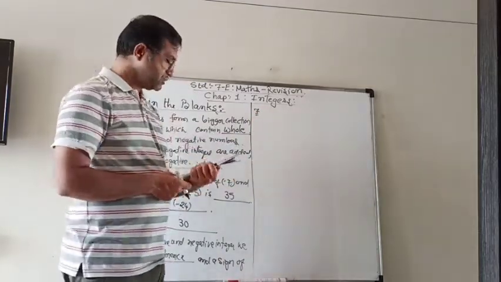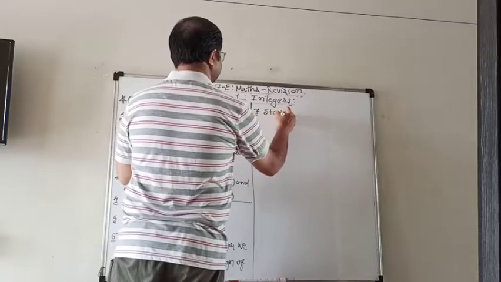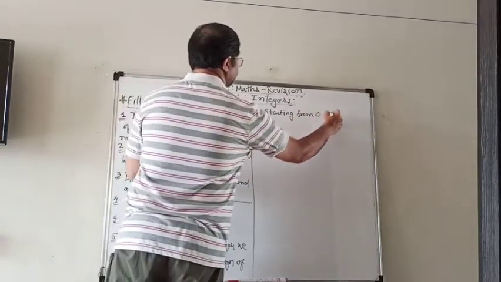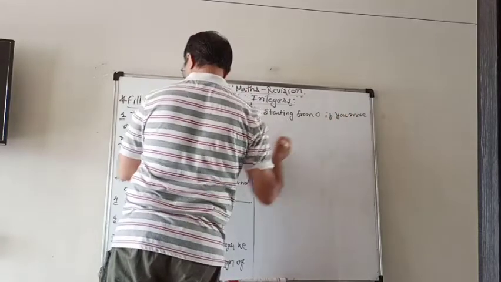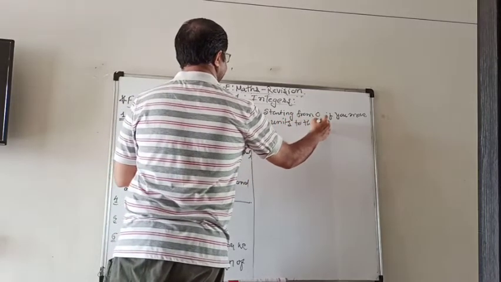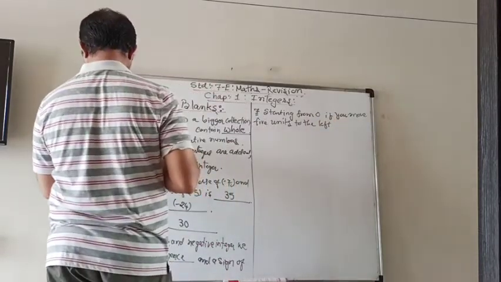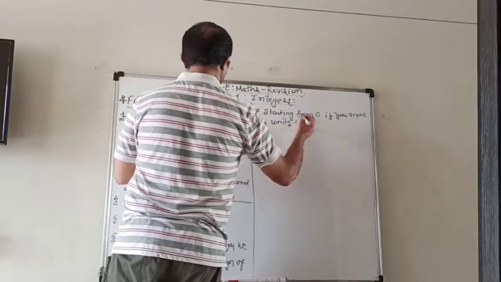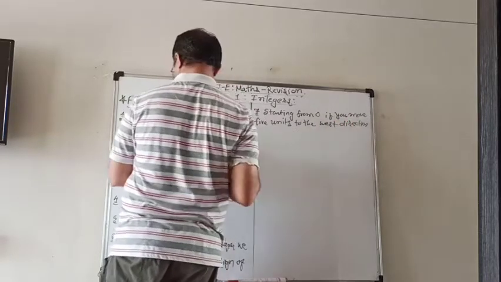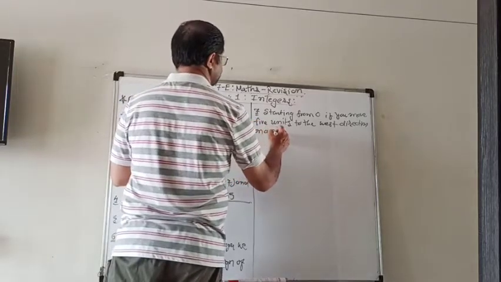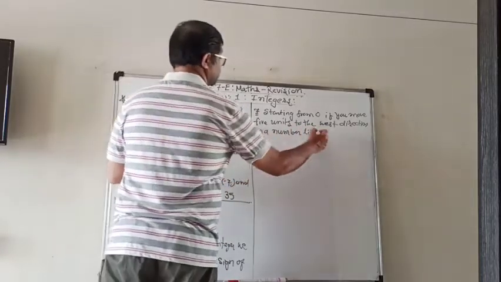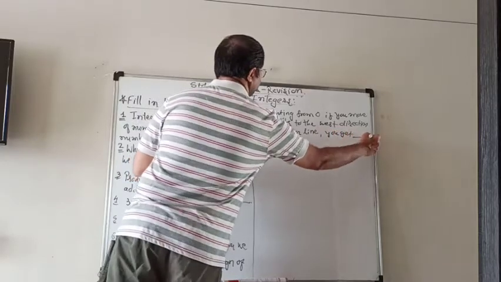Seventh one, starting from 0, if you move 5 units to the left, or it is said to the west direction, on a number line, you get blank.